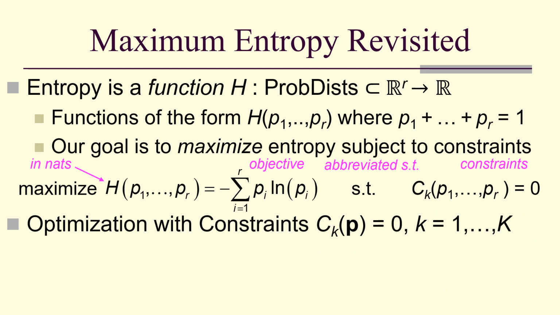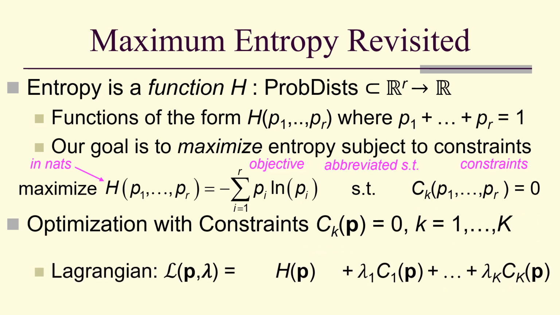So optimization with constraints means we use Lagrangian. And we're going to be using sometimes vector notation, where if I write a bold lowercase, it simply means the vector of variables. So bold P is the vector, little p sub 1 to little p sub r. Lambda is the vector of lambdas.